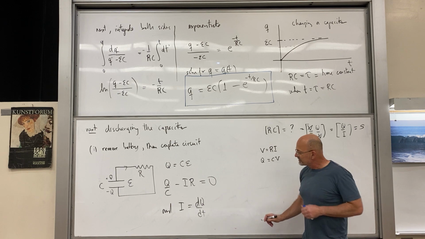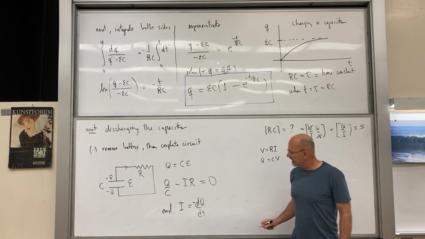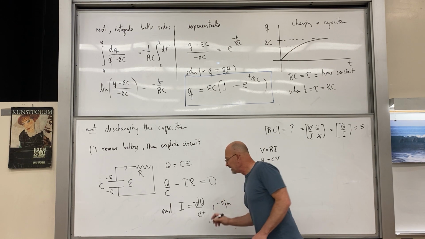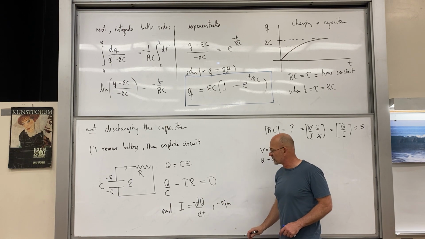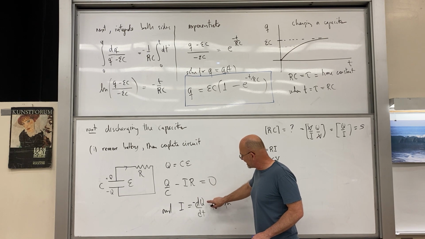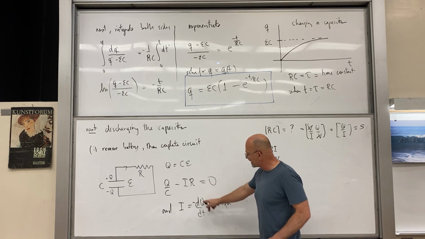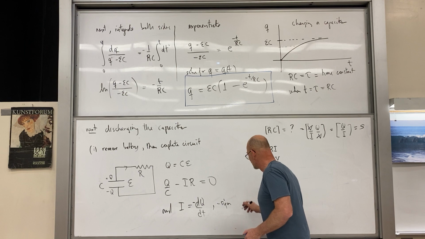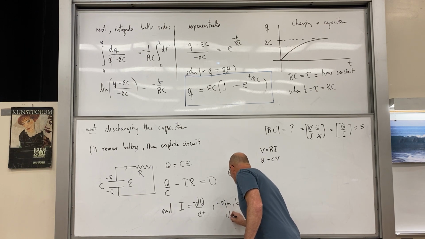This time, though, I have to smuggle in a minus sign by hand. And that's because the charge is decreasing. So if the charge is decreasing, I have a negative derivative here. Negative times negative is positive, and that's the positive sign of the current.